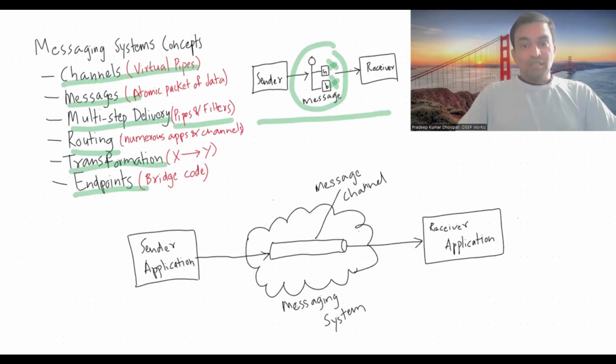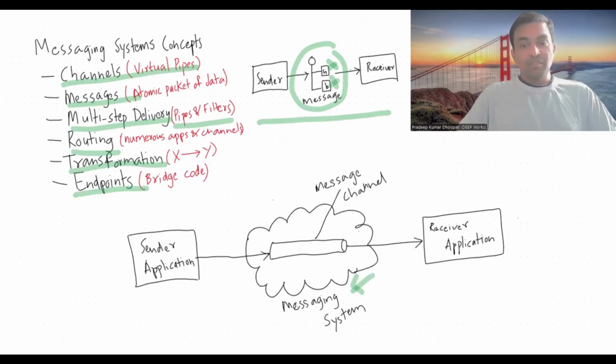But the sender and receiver, like we discussed, will not directly be connected. It needs a messaging system, something like this, which is installed separately in an enterprise. And we will discuss different messaging system vendors available maybe in the coming sessions.